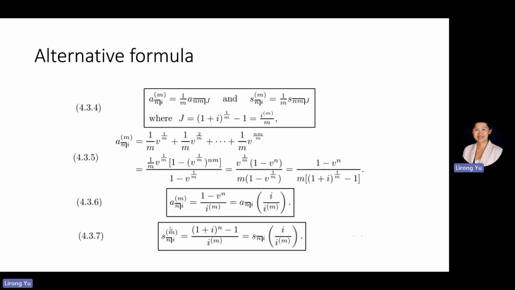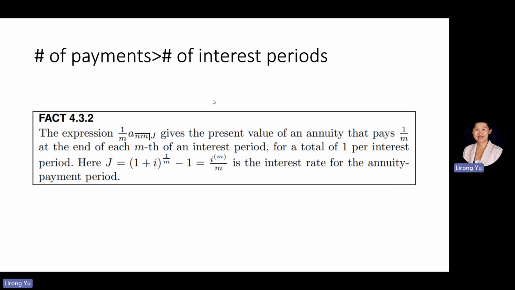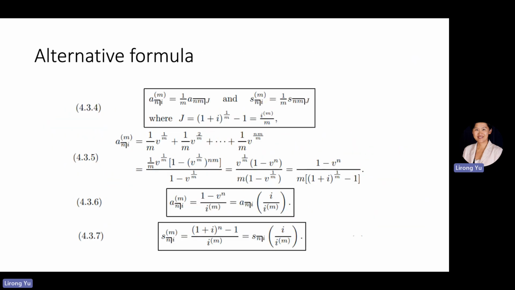Okay, so with that, we come up with this formula. A-n-m is equal to 1 over m times a-n-j, which is what we mentioned in the example before. S-n-m is 1 over m times s-n-j, and j is the interest rate per payment period. It should actually be smaller compared to i. So even though we have lowercase i and capital J, J is actually smaller than i.